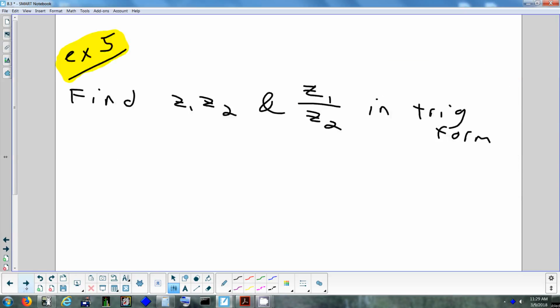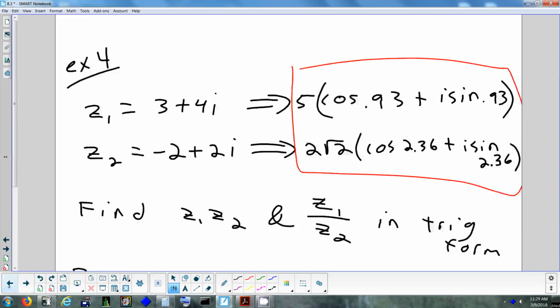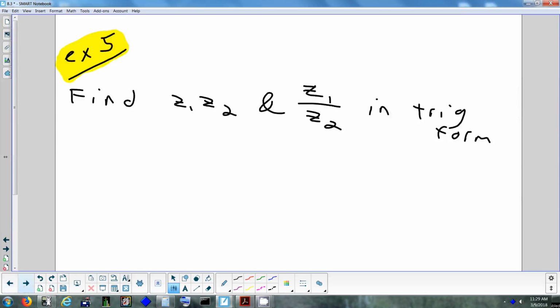All right, let's start off with one that's a little nicer without decimals. And then we'll do one with decimals. Let's let Z1 be 3 cosine 40 plus i sine 40.